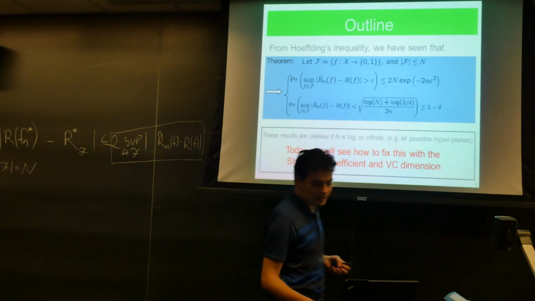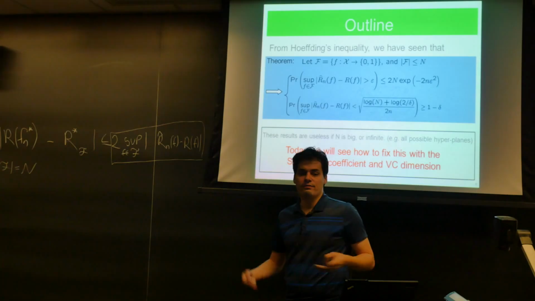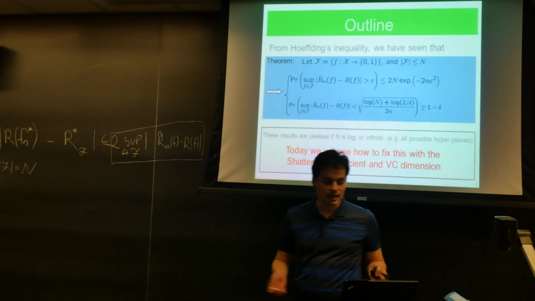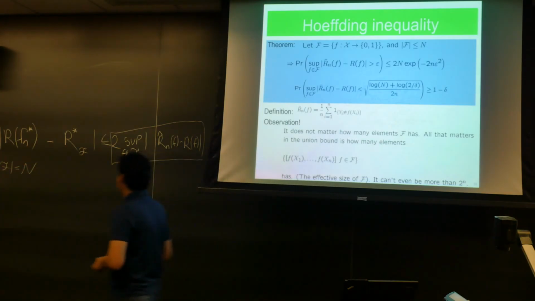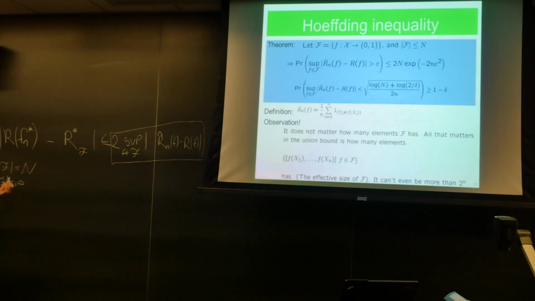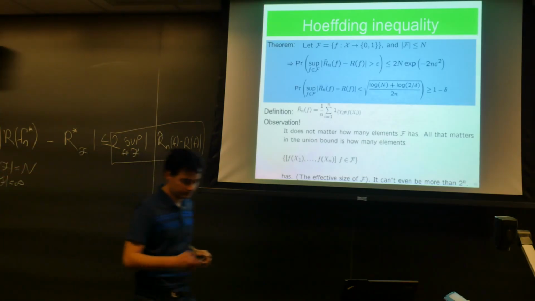The issue is that those function classes that have finite elements are not that exciting. And then we started to think about what to do in those cases when it has an infinite number of elements.